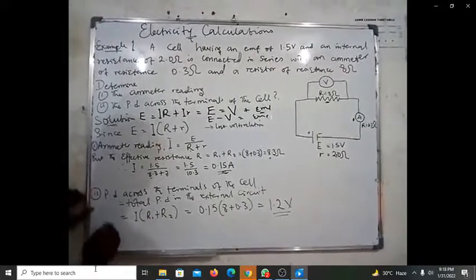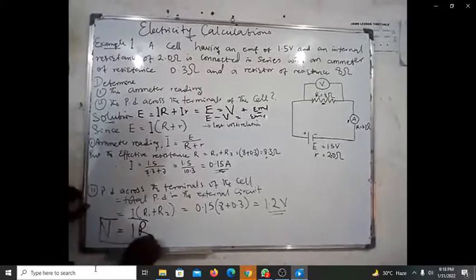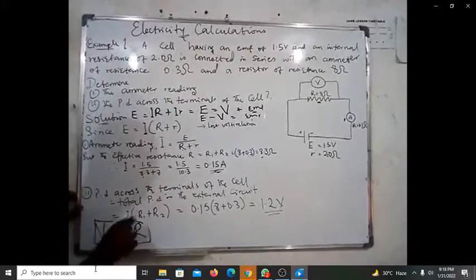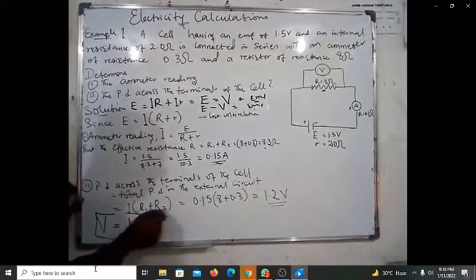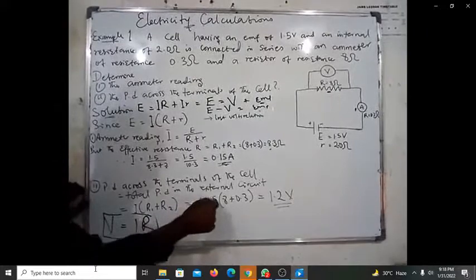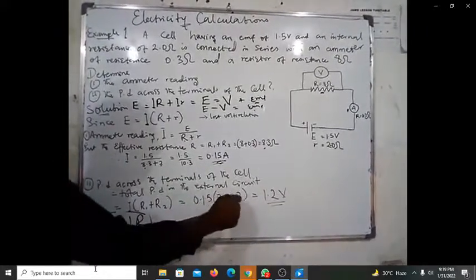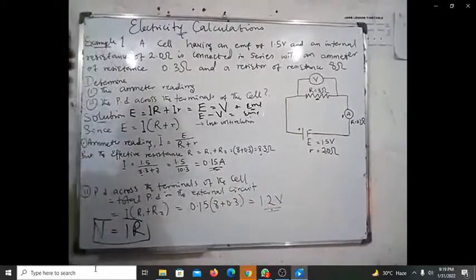We know that potential difference V is equal to IR, is it not? Ohm's law. So V is equal to I times the effective resistance, R1 plus R2, which is 0.15, the value of the current we got, times 8 plus 0.3, giving us 1.2 volts. Is that clear?